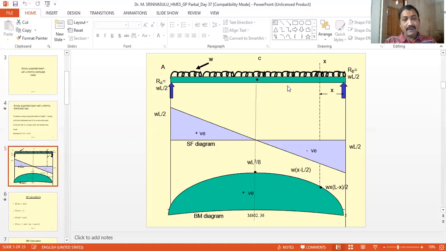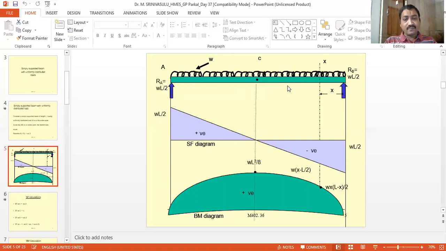Therefore, what is the total load acting on the beam? The total load is equal to w into L, where w is the intensity of UDL in newton per meter length, and L is the length of the beam.